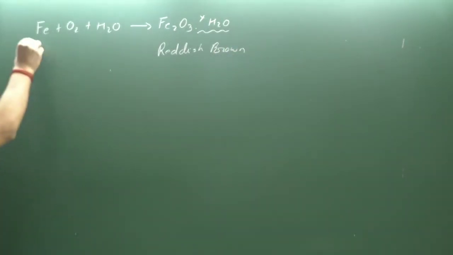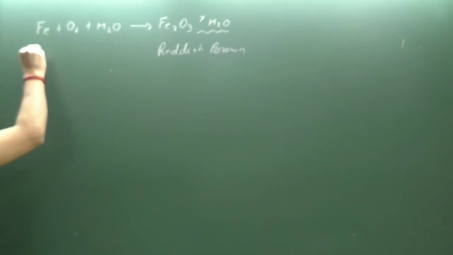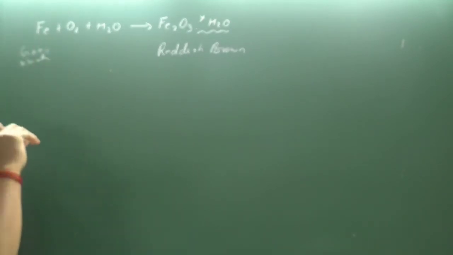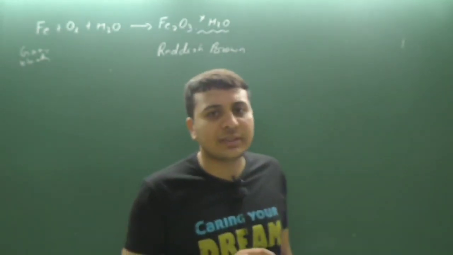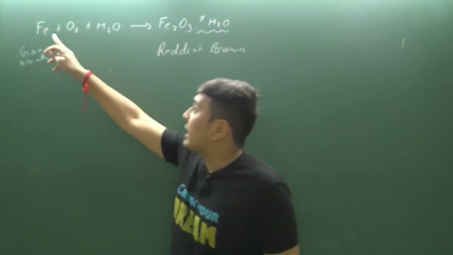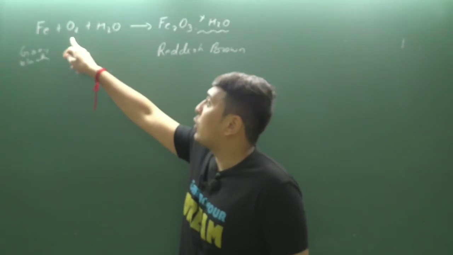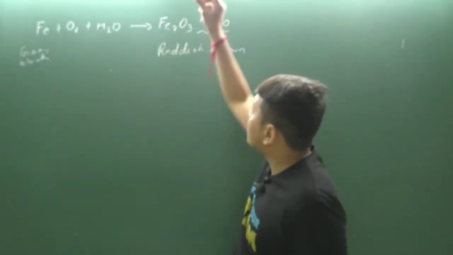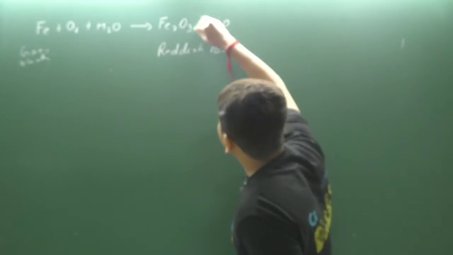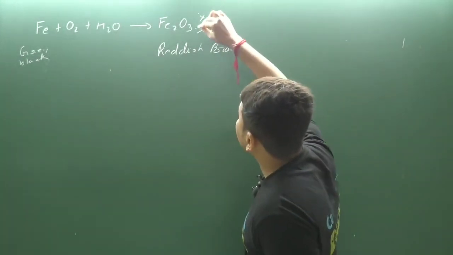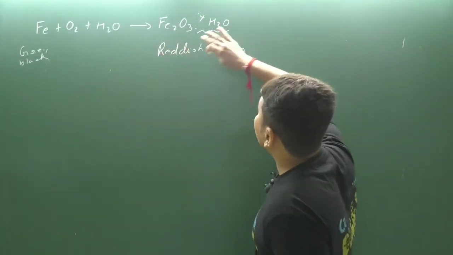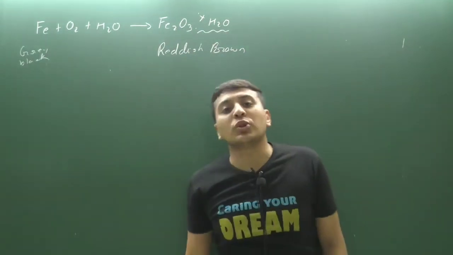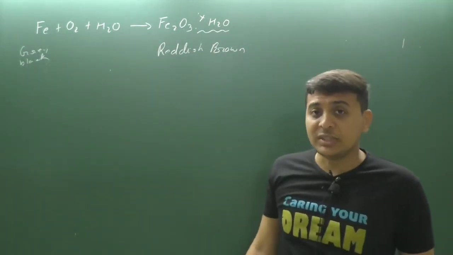What is the color of iron? Iron is generally grey black, a dark greyish color, or you can say black. So when iron is kept in presence of oxygen and water, it forms Fe2O3.xH2O. Water is not reacted, but is present in the form of moisture. So this compound is formed, and this is known as corrosion of iron.